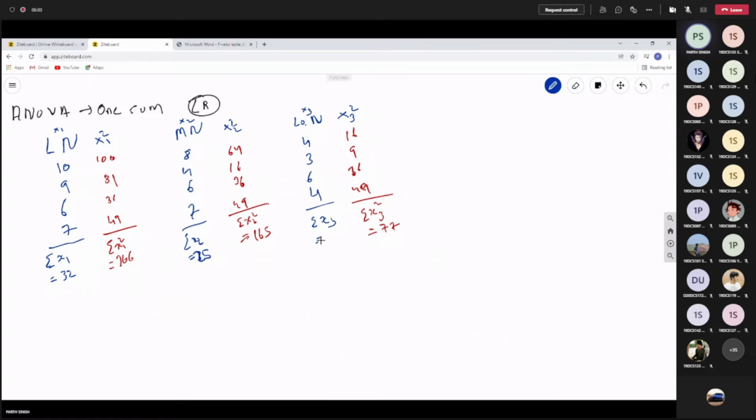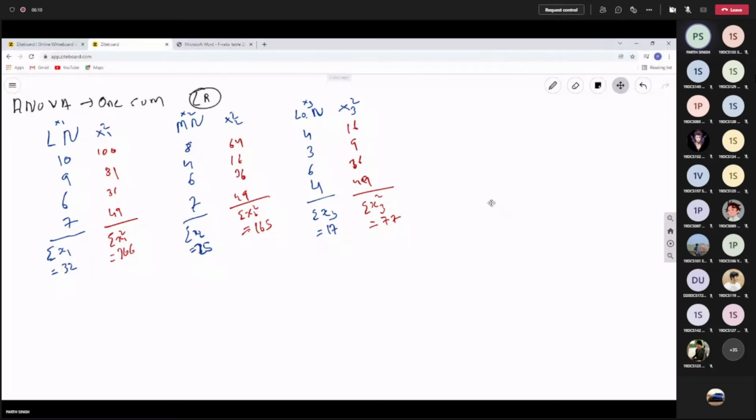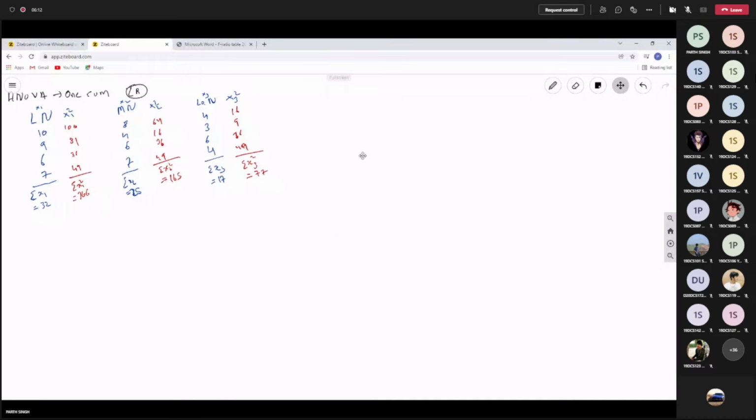So these are the stuff which we need. ये हमें चाहिए. Now we have our stuff from our data. तो मुझे जो डेटा में से चाहिए था वो मेरे पास है. Now we are going to generate some terms. The first one is called the correction term.